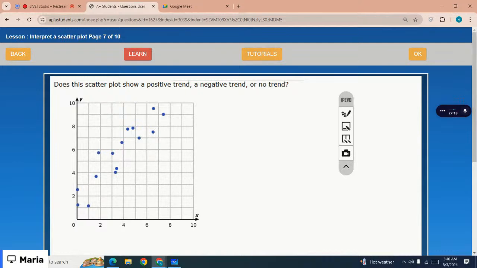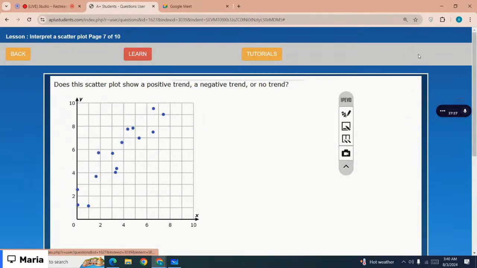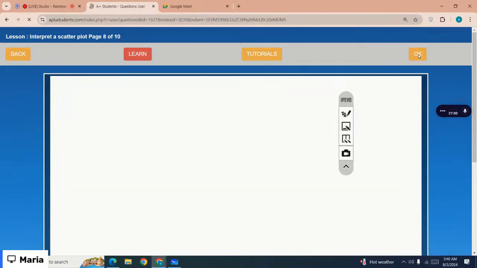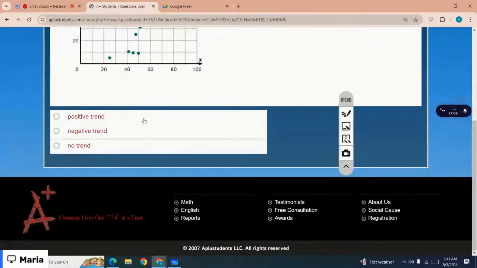The correct option is positive. Does this scatter plot show a positive trend, a negative trend, or no trend? So which is the correct option? So I think that is no trend, but positive trend it is. The correct option is positive trend.